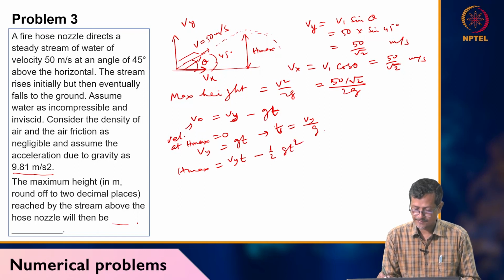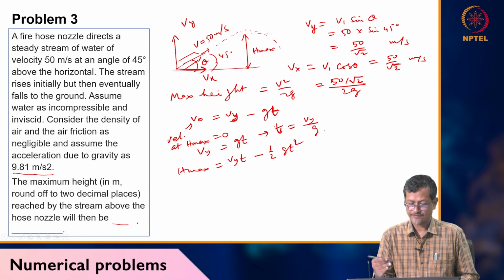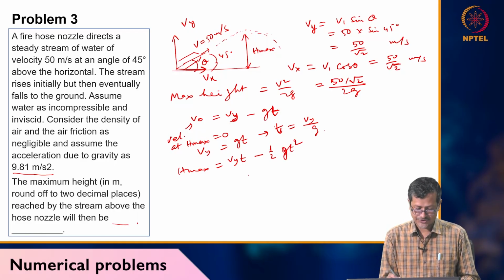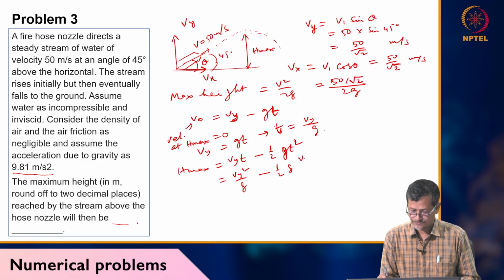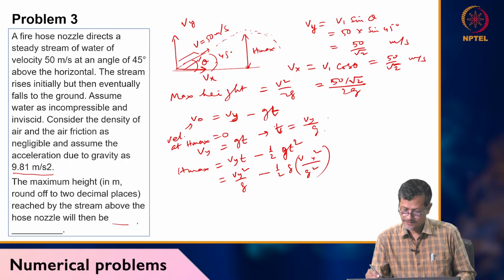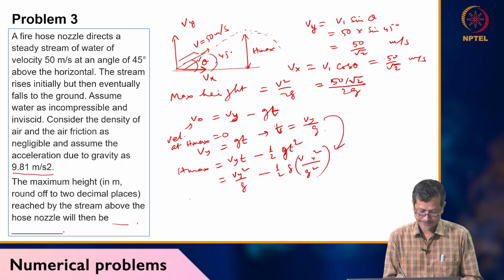You can remember the formula s equals ut plus half a t square, where a is acceleration, here acceleration due to gravity. So this becomes vy square by g minus half g vy square by g square, because we are putting this value here.